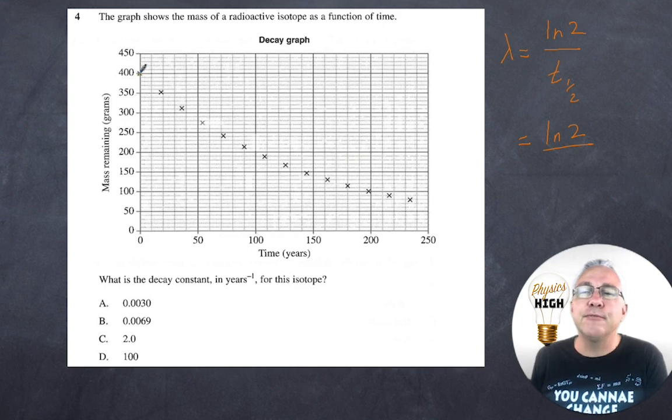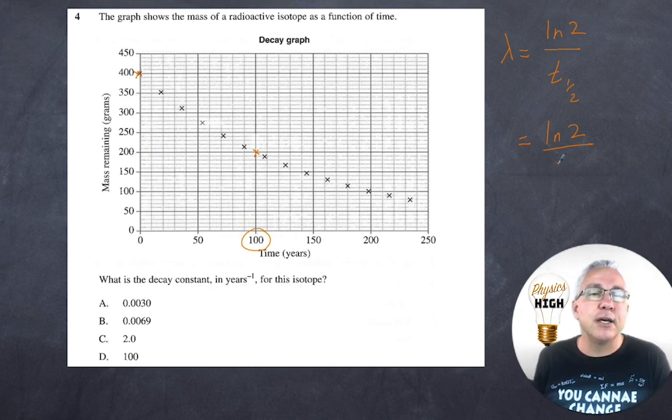Well, we start at 400 right here, and a half-life is when we get half left. So that is basically at that point here if we follow the trend line. So you can see that the half-life, it drops from 400 to 200 in 100 years. So that's our half-life. So all I need to do is put 100 there. And if I calculate that out, I'm going to get 0.0069.